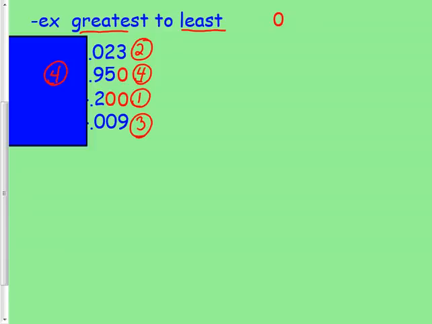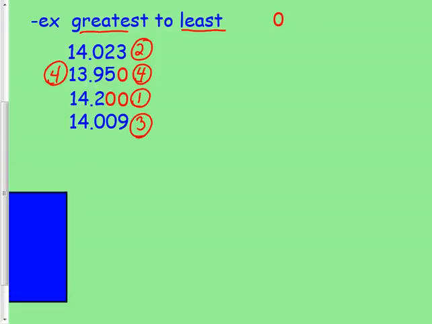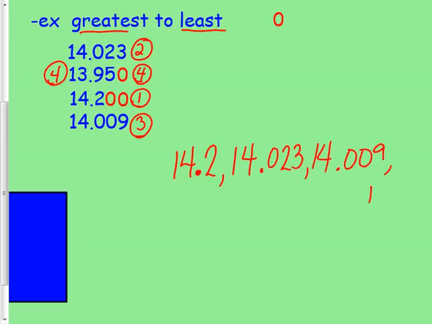And we're ready to rewrite these numbers in order. So in order, I'm going to get 14 and 2/10ths, 14 and 23 thousandths, 14 and 9 thousandths, and then 13 and 95 hundredths.